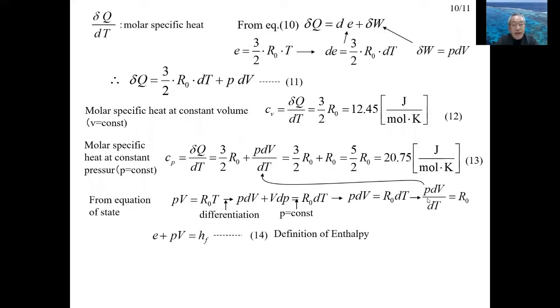The internal energy E is a state quantity, but both delta Q and delta W are not. In order to express the specific heat by the derivative of a state quantity, we introduce the enthalpy H defined in equation 14. Enthalpy H is a state quantity because E, P, and V are state quantities.